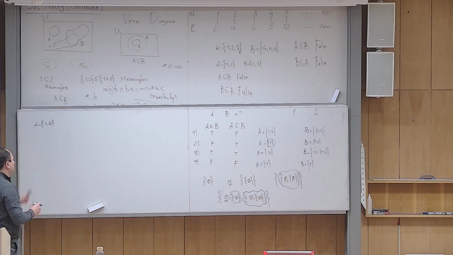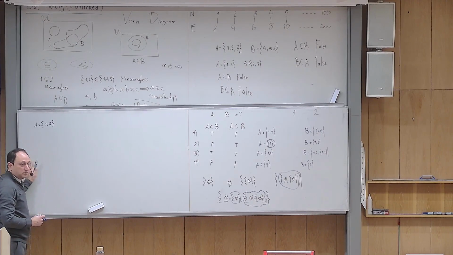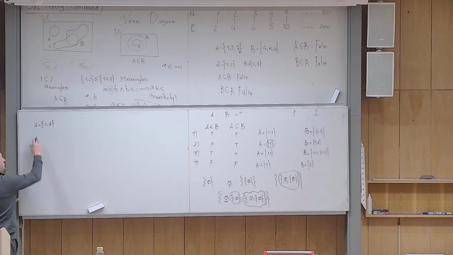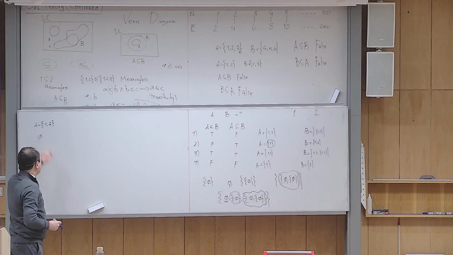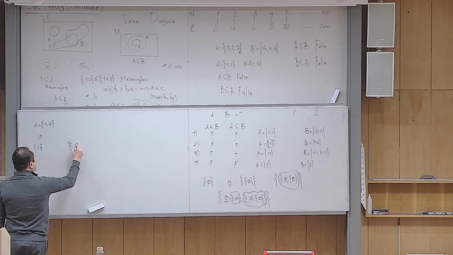And then you remember, if I ask you to write all possible subsets, how do you do that? You don't need to respect the order, but it is better to be organized. So I will start with the empty set, because the empty set is a subset of all sets. So I start my list with this one. And then I ask myself, what is coming next? I would write 1, and I would write 2.